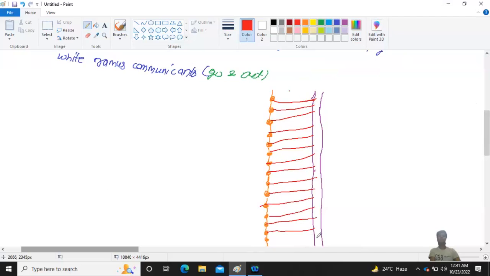This is the sympathetic chain, and this is the spinal cord.